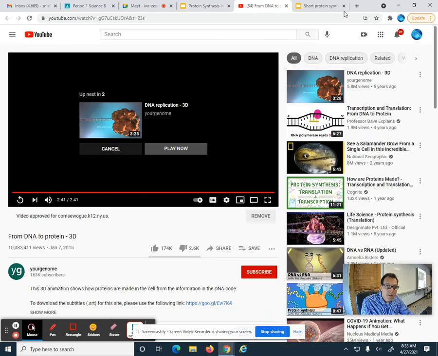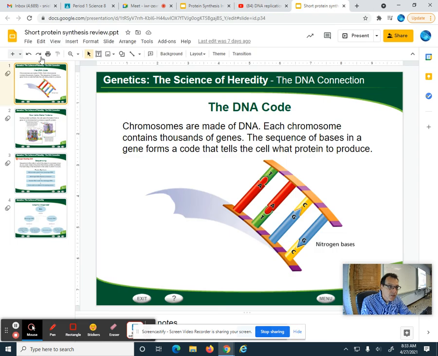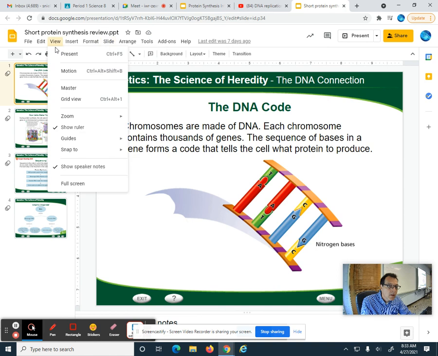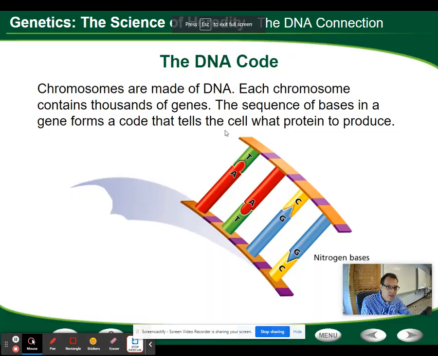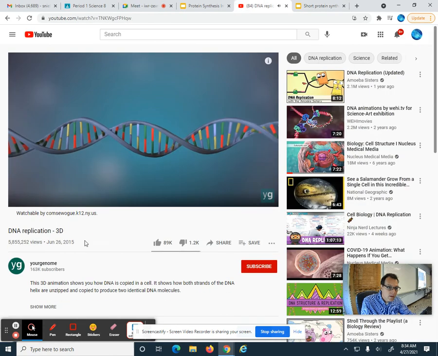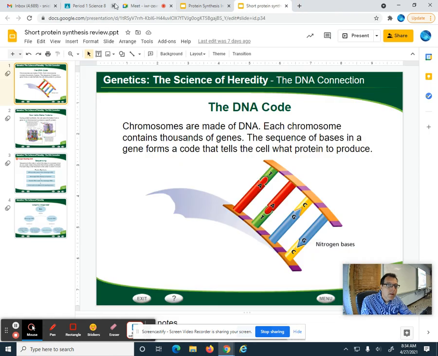So just to look at, I've got a little slideshow here just to show you real quick. And it's going to be very, very short. Molecule made up of 2 strands, twisted around each other in a double helix shape.